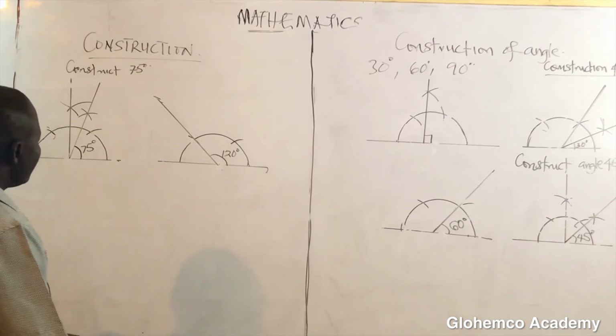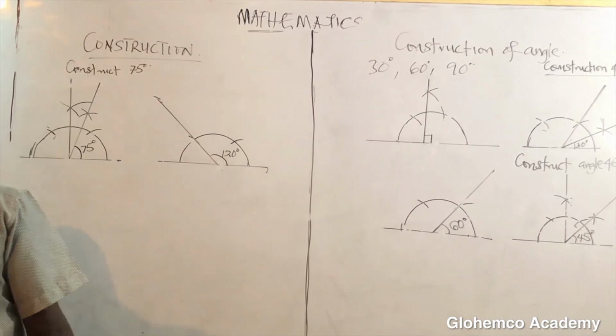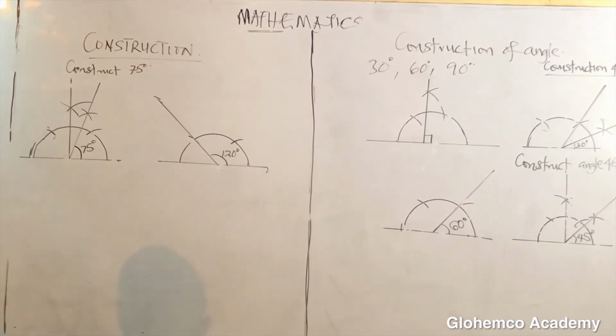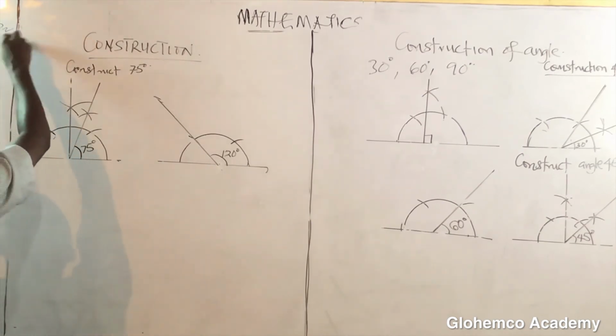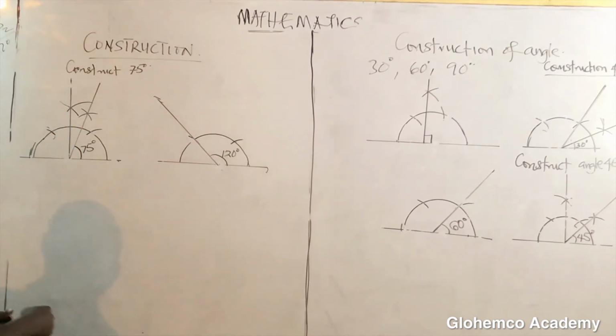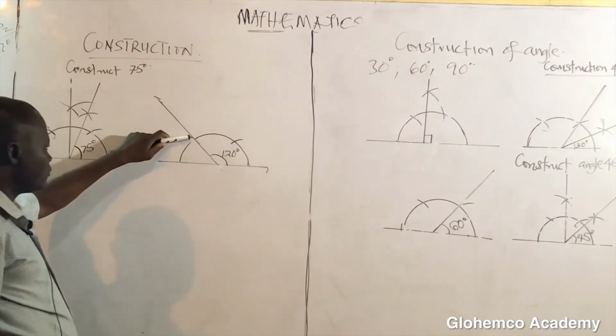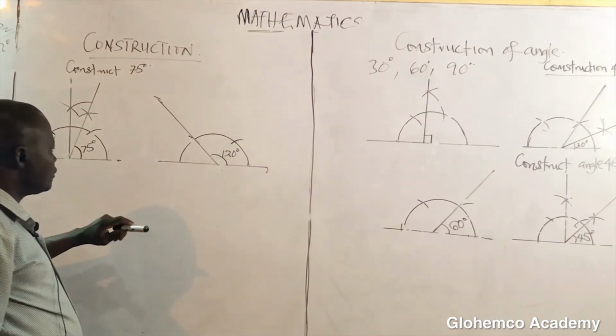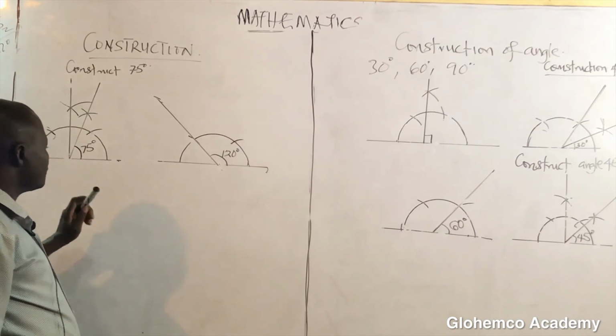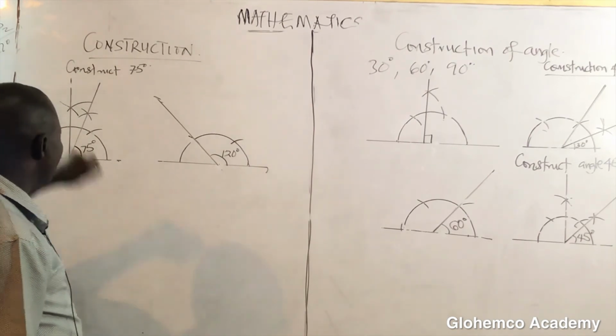And lastly, if you are to construct 135, how do we get 135? Okay, let's go to 135 first.